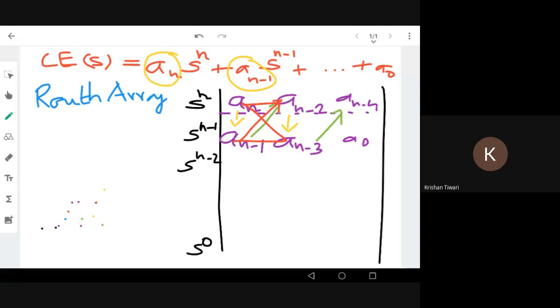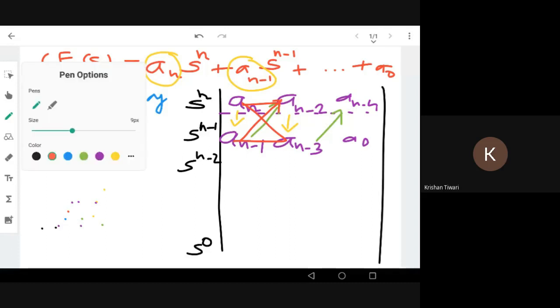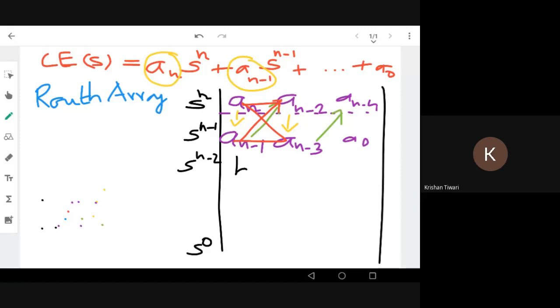I'm just crisscrossing and multiplying. So what I'm trying to do now is find the value of b1.